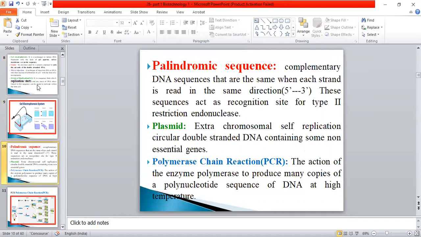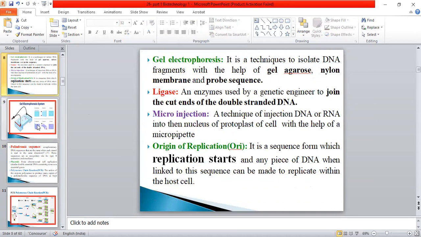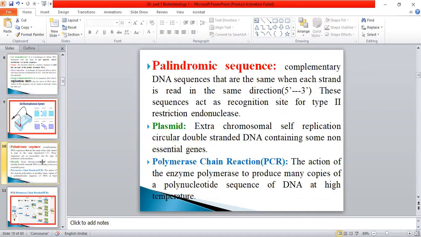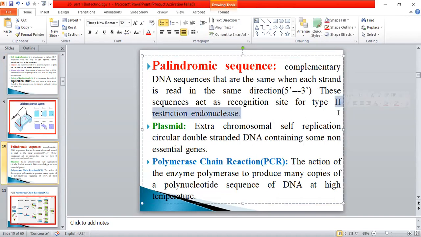Palindromic sequences. This is very, very important, my dear. Gel electrophoresis system we already saw. Palindromic sequences we already discussed: complementary DNA sequences that are the same when each strand is read in the same direction. These sequences act as a recognition site for the type 2 restriction endonucleases. Palindromic, don't forget.